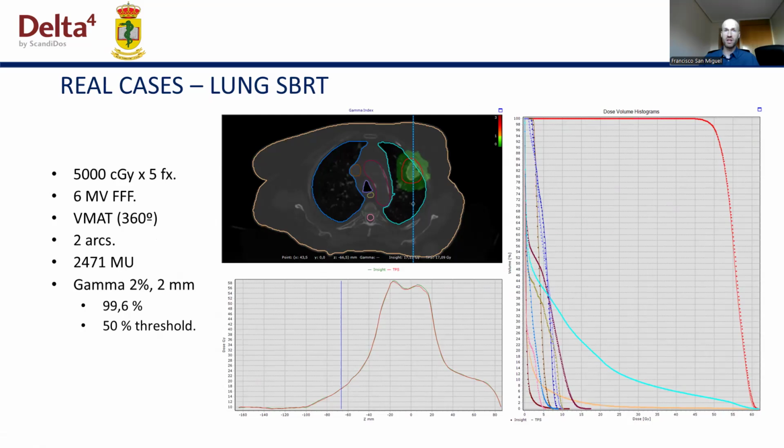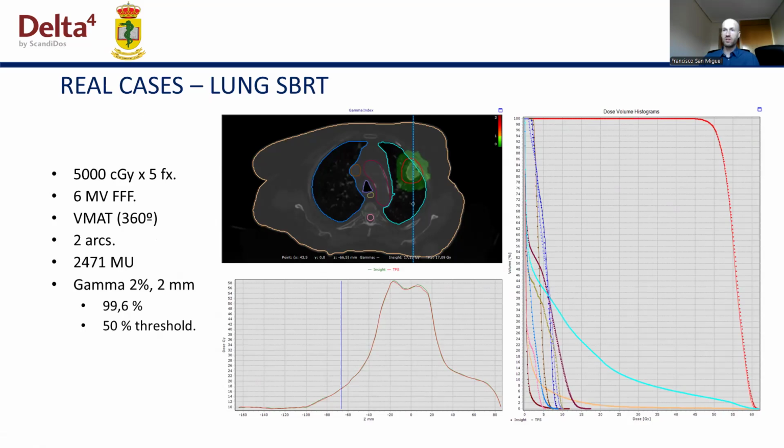And as can be seen in the image, the agreement between the treatment planning system and Insight is very good, yielding a gamma criterion result with 2% 2 mm of 99.6%. And again, the calculated dose volume histograms are also very similar.